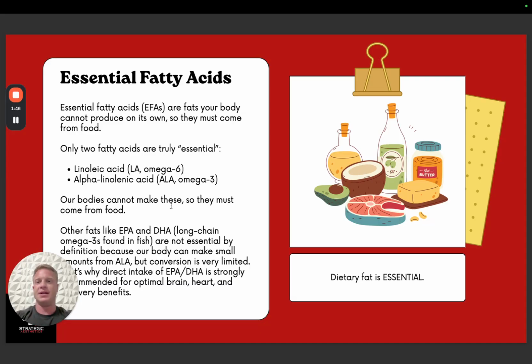Now, there's other fats like EPA and DHA, which can be converted from the ALA, but conversion is pretty inefficient, so it's really a good idea to supplement with a fish oil with EPA and DHA in it. And we can get to that in a minute. But that is the purpose behind supplementing with fish oil, because you're trying to get that EPA and DHA and not have to convert it from ALA.